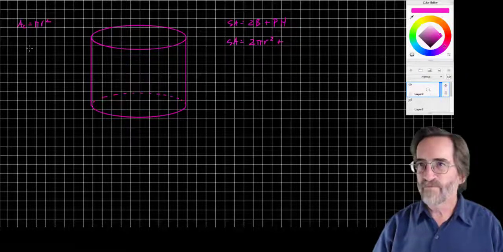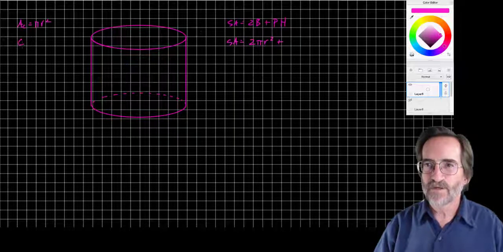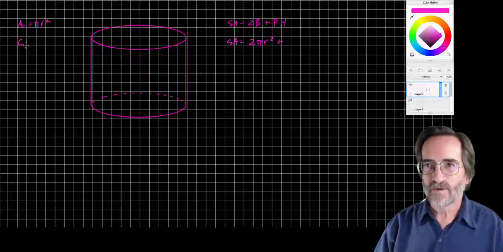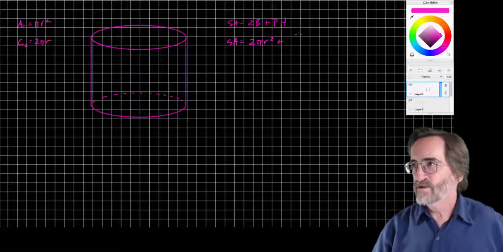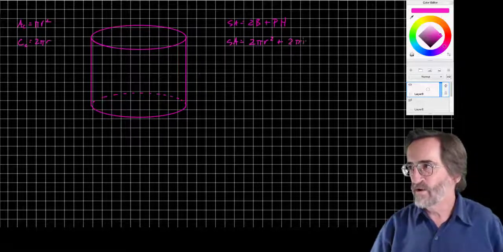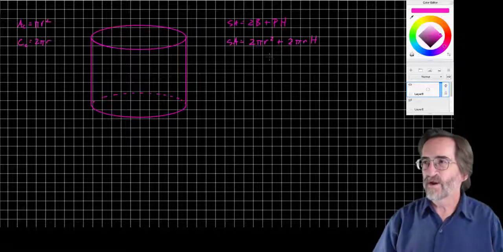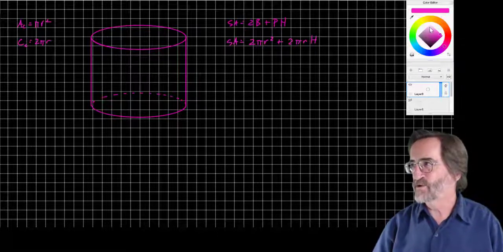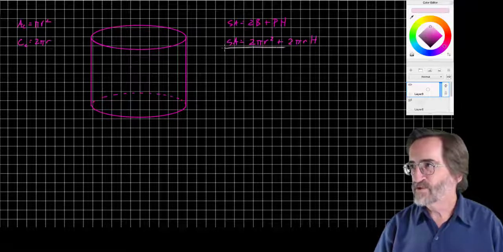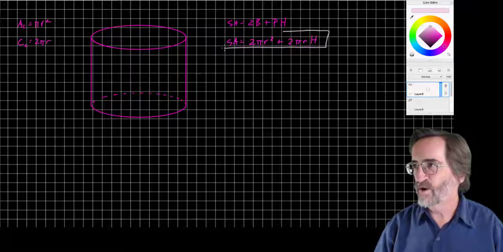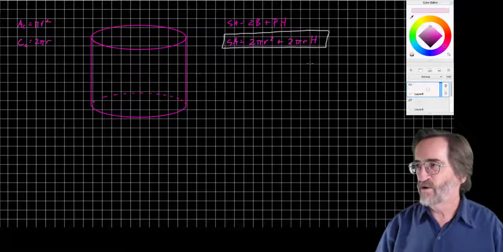And the perimeter is just the circumference. The circumference of a circle is 2 pi r. So perimeter is 2 pi r times the height. And so there's our formula for the cylinder. The surface area of a cylinder is 2 pi r squared plus 2 pi r h.